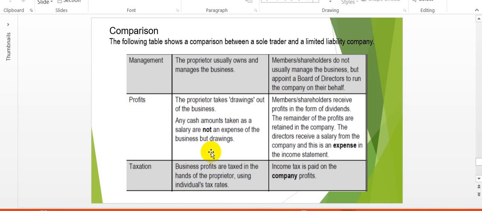The remainder of the profits which are not paid out are retained in the business as retained earnings. Then the directors, who are employees or who have been assigned by the shareholders to run the company, are paid a salary which is an expense to the business.